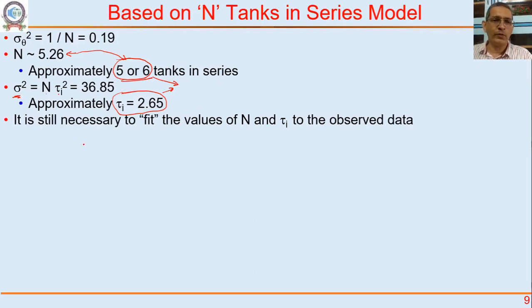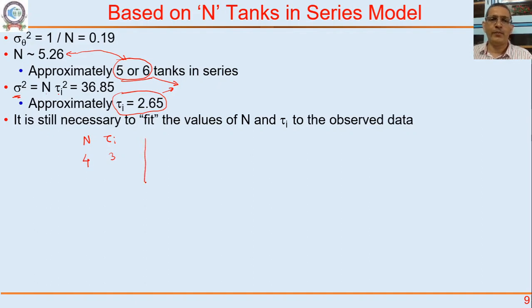So what I want you to do is take different values of n. For example, take n equal to 4 and take some value of tau I. Maybe if n is equal to 4, this will be like 9, and tau I would be approximately 3. Let's say take tau I equal to 3.